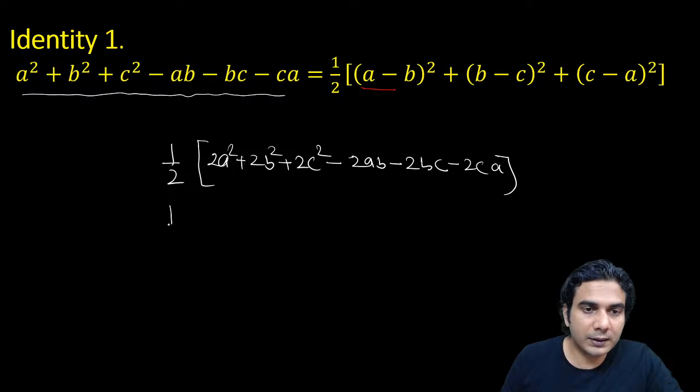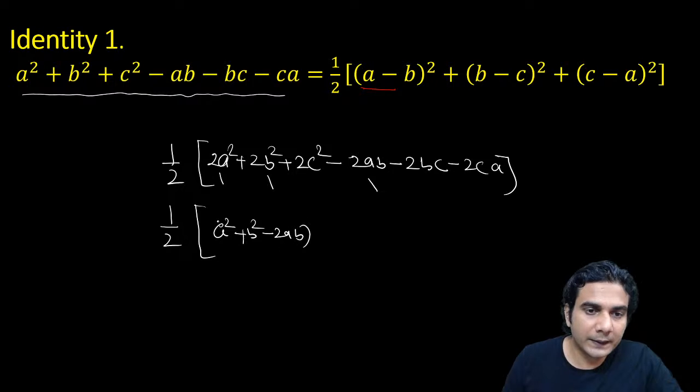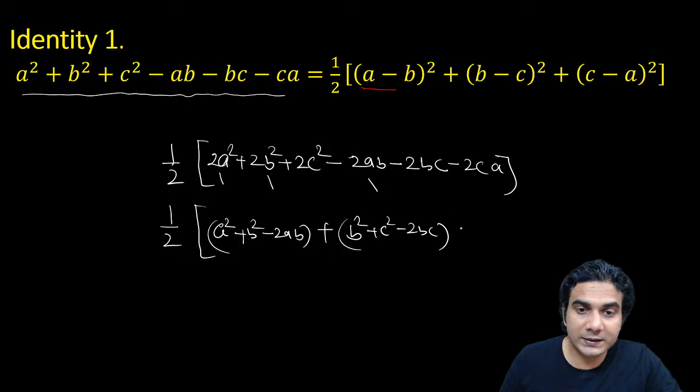Now you can make triplets: take 1a square, 1b square and minus 2ab. So you can write a square plus b square minus 2ab together, and then plus b square plus c square minus 2bc. 1a square and 1c square are remaining. So you can club these two terms, a square plus c square, along with this minus 2ac.